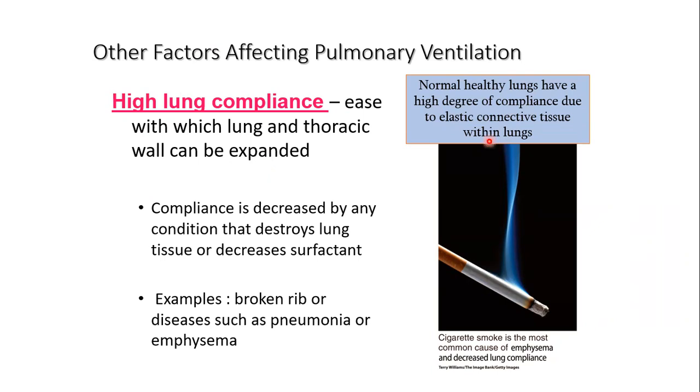So what would decrease this lung compliance? Many lung disorders like a broken rib, diseases such as pneumonia or emphysema, decreased surfactant, all of these may decrease the lung compliance, and so they will affect pulmonary ventilation. They will make the process of breathing much more difficult with increased work of breathing.